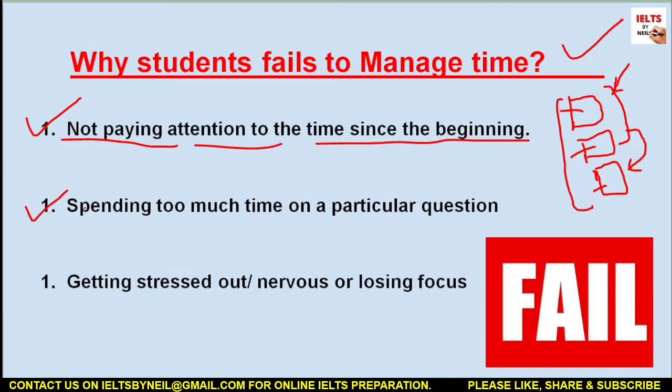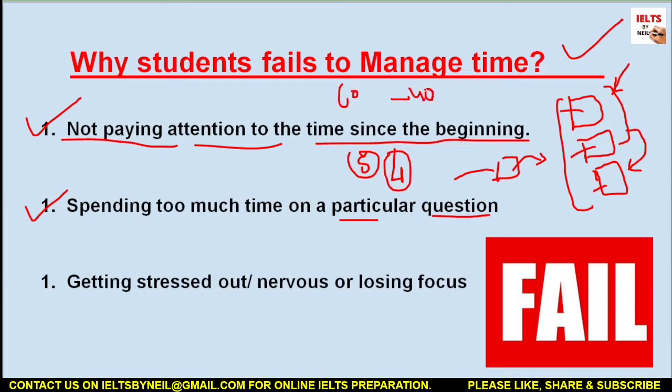Now the next one is spending too much time on a particular question. This is very common. If a person is doing a question and is not able to find the answer in 1 or 2 or 3 minutes, do not waste any more time on that. Move on to the next one. It's not worth wasting 4 or 5 minutes on just one question, because you only have 60 minutes for 40 questions.